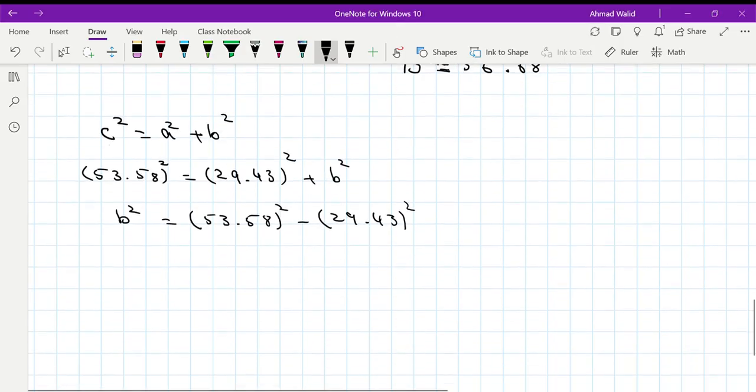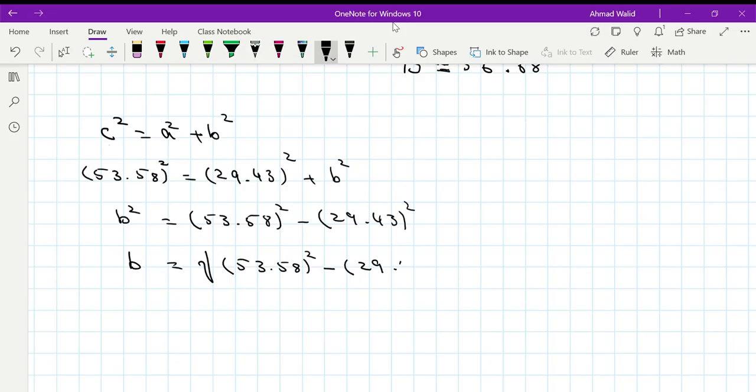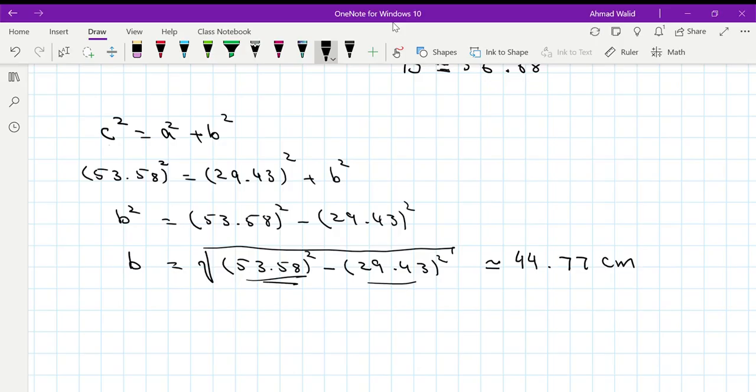Or because you're looking for b, take the square root of both sides: b equals the square root of 53.58 squared minus 29.43 squared. If you simplify this, you will end up with approximately 44.77 centimeters. Of course, you square this number, then you square this number, then you subtract, then you take the square root. Correct? That's the process.